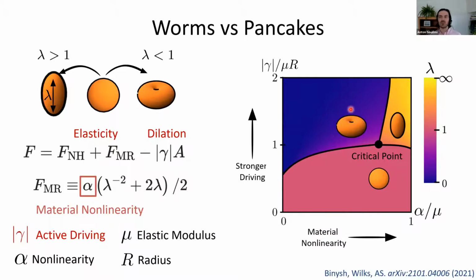And what you see overall in this phase diagram is that you can actually tune between all of these three different shapes, right? You have, for low active driving, the sphere is stable, as we know from the linear theory. And then the nonlinear term picks which of the two shapes you get. You get either a pancake or an elongated worm.